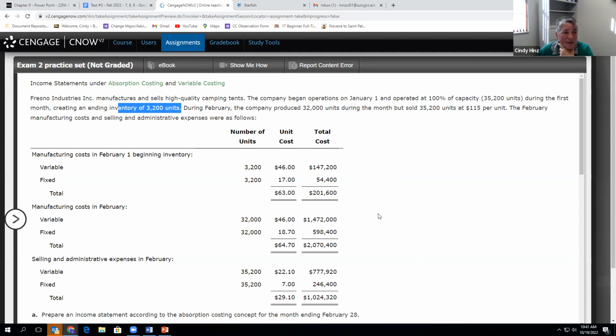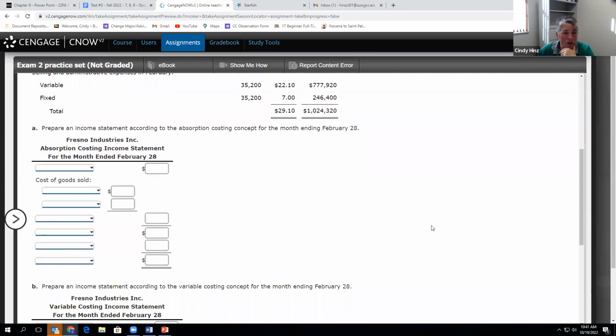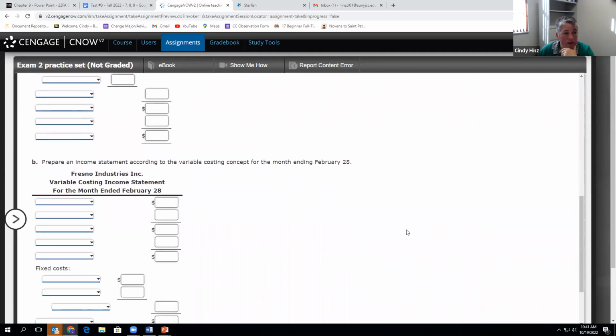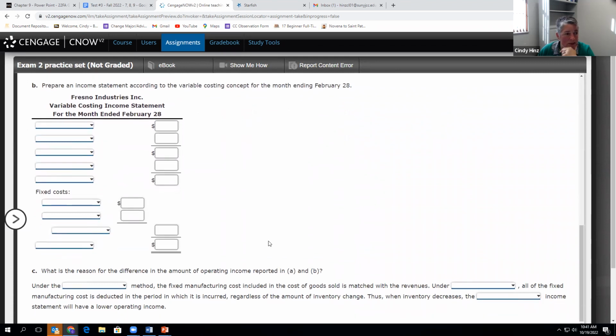They would be expensed during the month that they were actually incurred. And so when inventory goes up, absorption costing has a higher income than variable costing, because variable costing is going to include all of those fixed costs on the income statement. Again, absorption costing is required for GAAP. Variable costing is for internal use only for decision-making purposes.